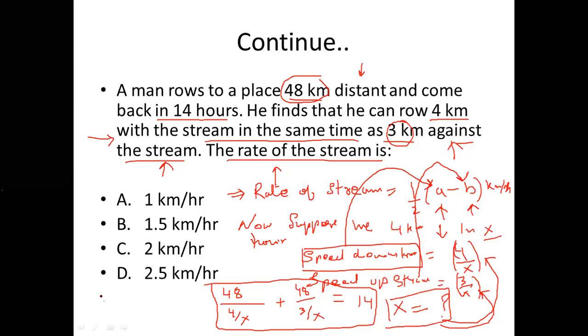So if we solve this equation, we get the value of X as 1 by 2. Right. So speed downstream will be 4 by X, that is 4 into 2, that will be 8 kilometers per hour.